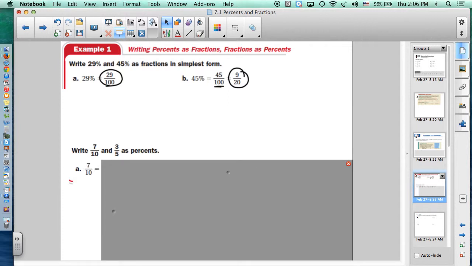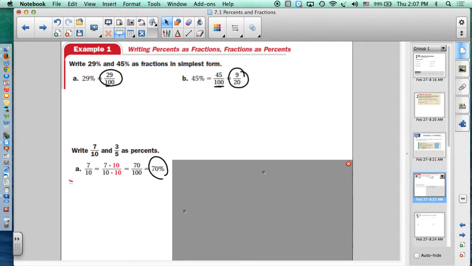We need to turn our denominator into 100, so we should be able to know that if we multiply 10 by 10, that'll be 100. So if we multiply our denominator by 10, we need to also multiply our numerator by 10. So 7 times 10 would give us 70 over 10 times 10, which is 100. So 7/10 is equal to 70 over 100, and because it's over 100, we can then call it a percent, 70%.